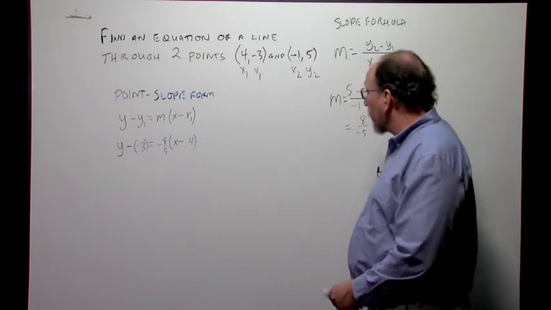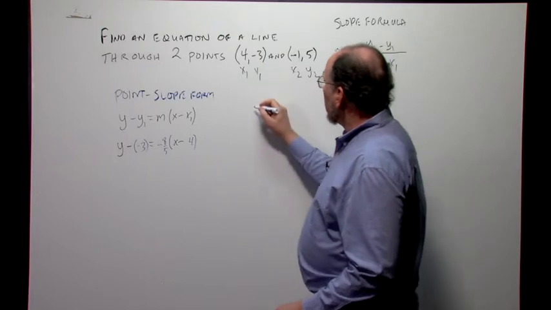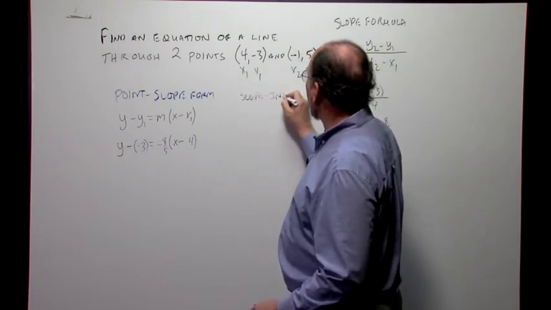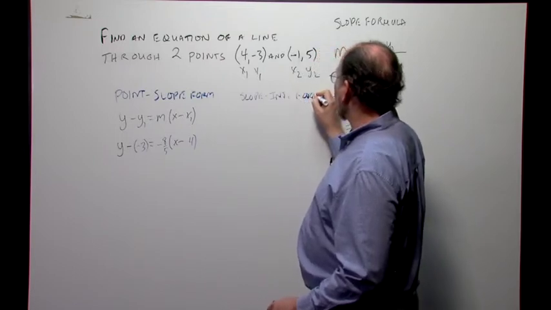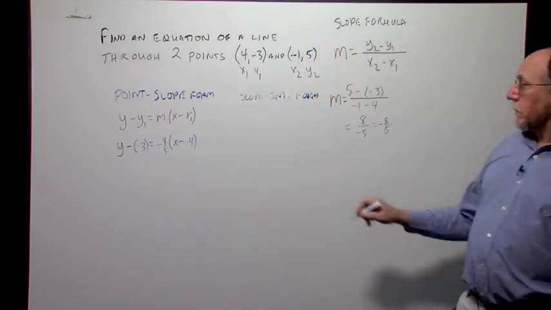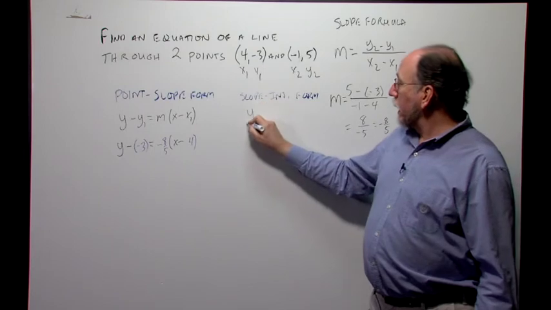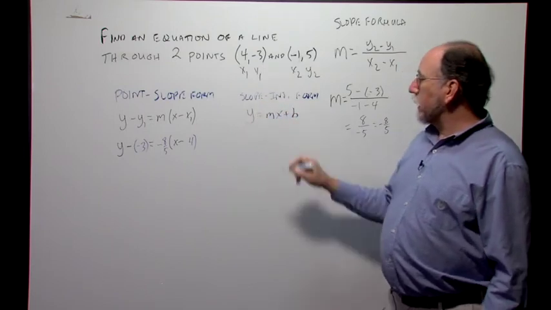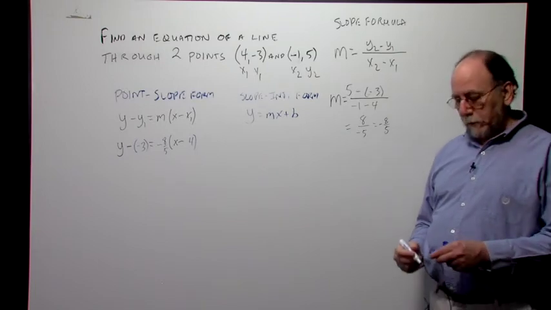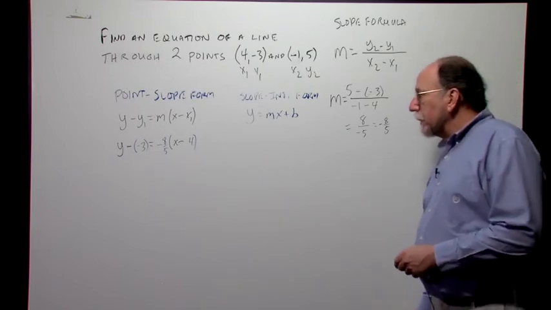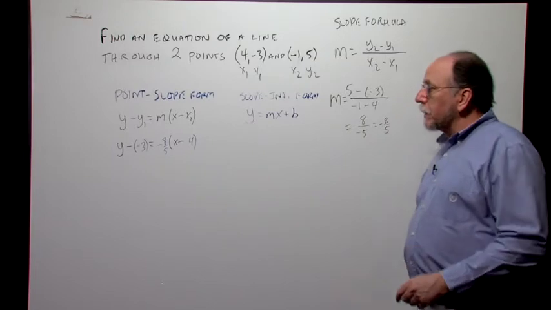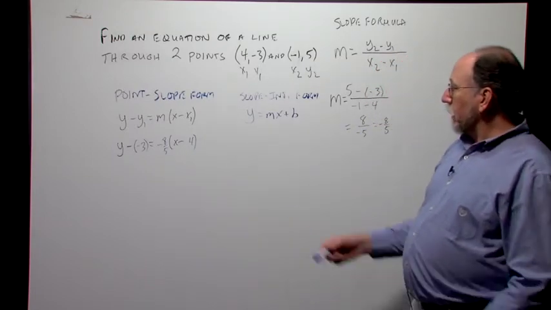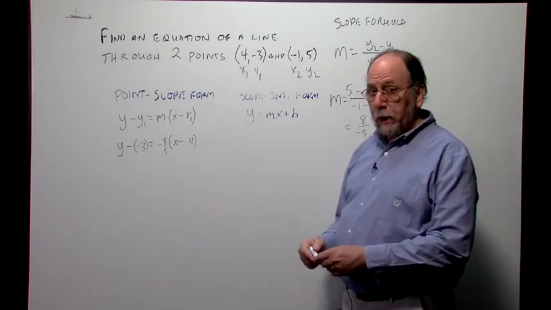Slope-intercept form, I abbreviated intercept there so I could fit it in, is y equals mx plus b. So they may want this in slope-intercept form. To get that there's just a couple of steps.